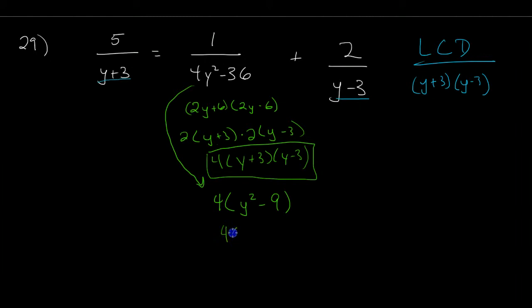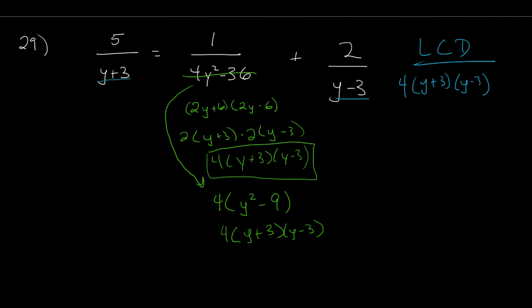So it'll be 4 times root, whoops, root plus root times root minus root. We get the same LCD in the long run, or the same factored form in the long run, which is to say y plus 3 is already represented, y minus 3 is already represented, so now all we need to account for is the 4.